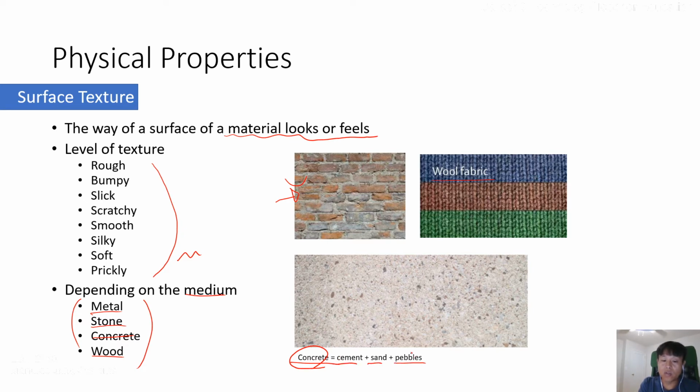When you make concrete, we pour sand and pebbles with the cement, and then they solidify. Concrete is stronger than cement because the sand and pebbles grab each other and withstand forces. But when you make concrete, if you add more pebbles, it becomes more like a rough surface.